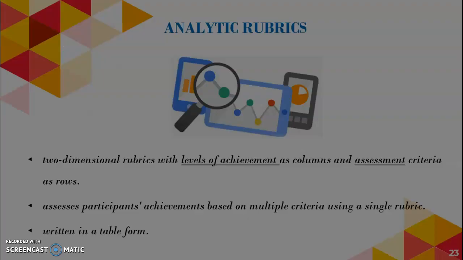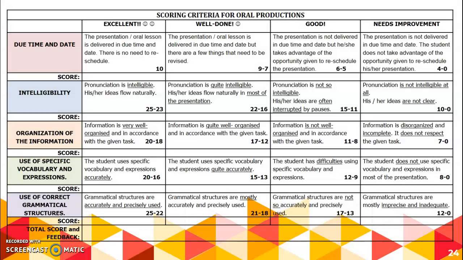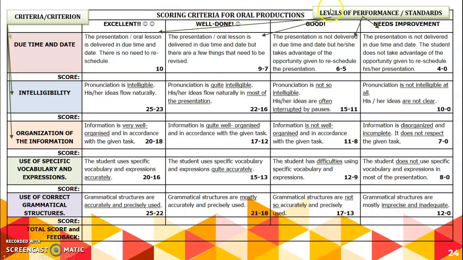For instance, we have this one, which has the criteria here on the left: due time and date, intelligibility, organization of the information, use of specific vocabulary and expressions, use of correct grammatical structures. Then we have the levels of performance or standards, here on top.